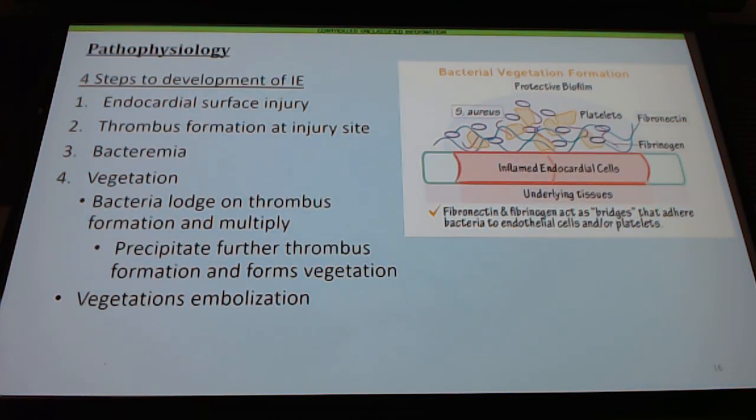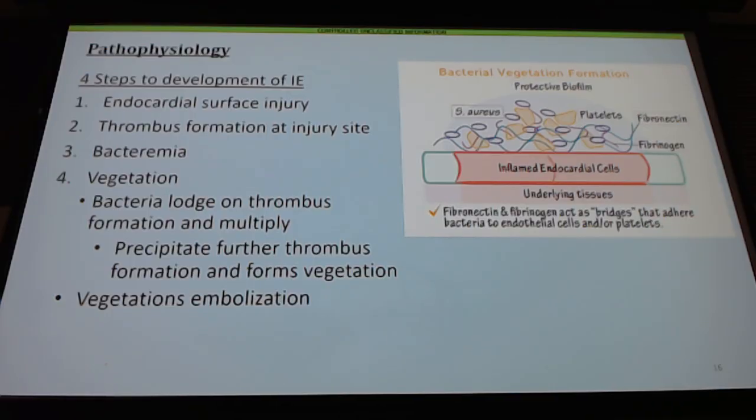Now, I've kind of alluded to this, but developing this condition is not as simple as just having bacteria in your bloodstream. If that was the case, we would see the number of new cases every year be significantly higher, because we have so many admissions to the ICU in the United States for sepsis, right?